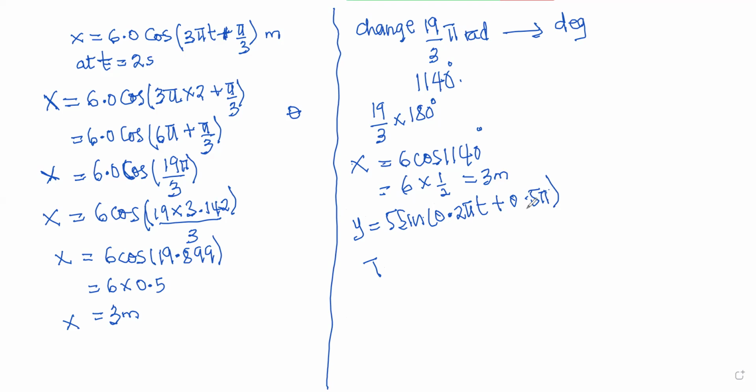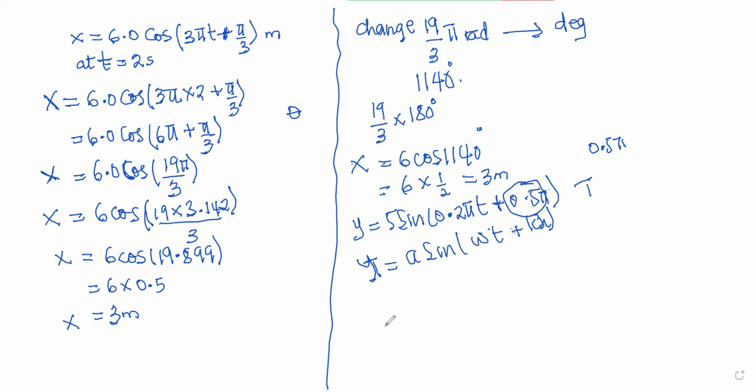In determining the period, it has nothing to do with the phase constant, which is 0.5 pi. When we compare this to A sine omega t plus kx, we are looking at waves. So in determining the period, it has nothing to do with kx or 0.5.